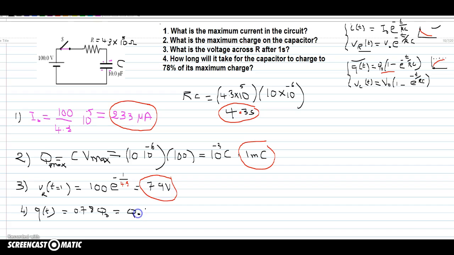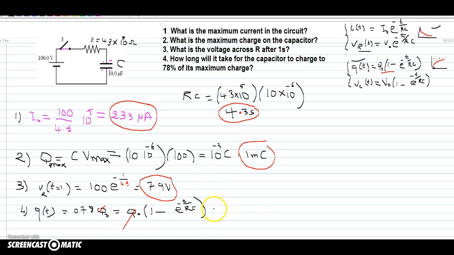Q0 times exponential minus t over RC time. Okay, I have to fix this. So minus t over RC, like so. Alright, now you can see here I lose Q0 and Q0, and I'm going to rearrange this equation.